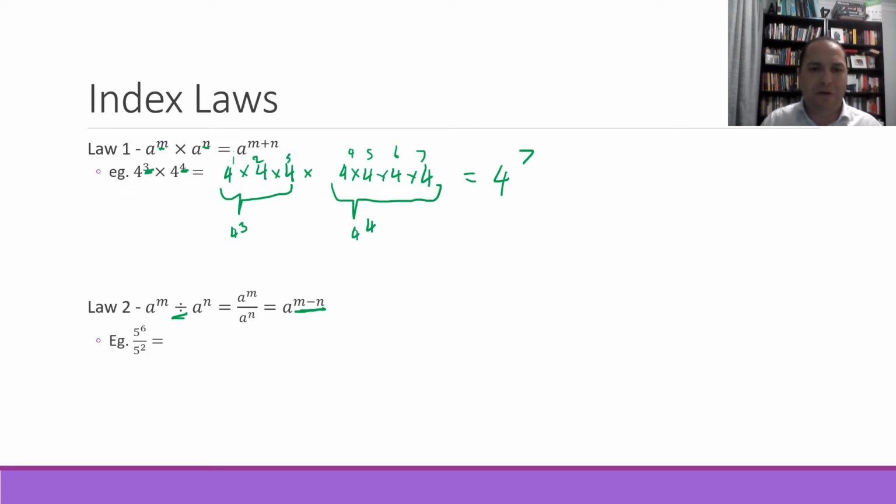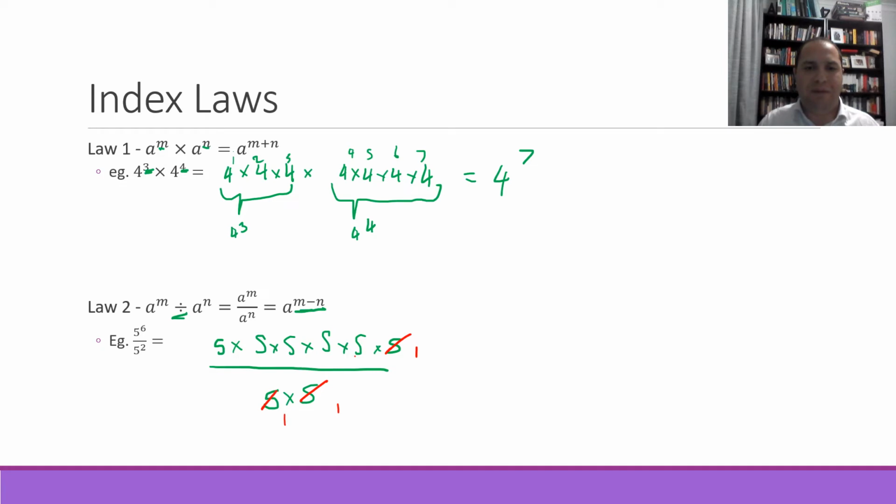Now, again, how that looks: if we've got 5 times 5 times 5 times 5 times 5 times 5, then we divide that by 5 times 5. So we've got 5 to the 6 on top and 5 squared on the bottom. What's going to happen is we can simplify this fraction by saying 5 divided by 5 is 1.